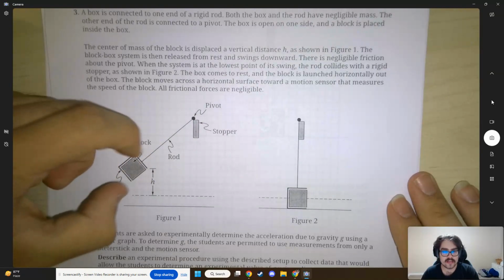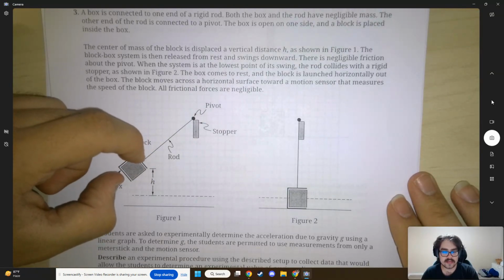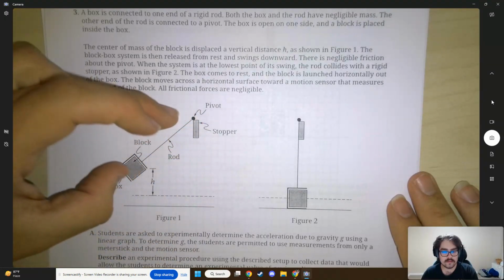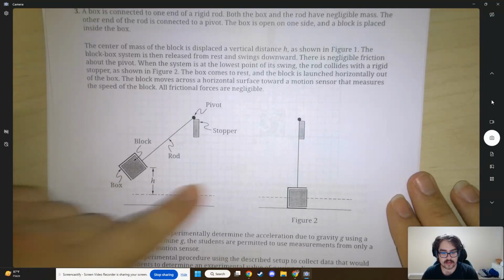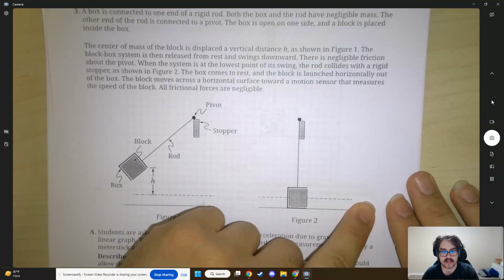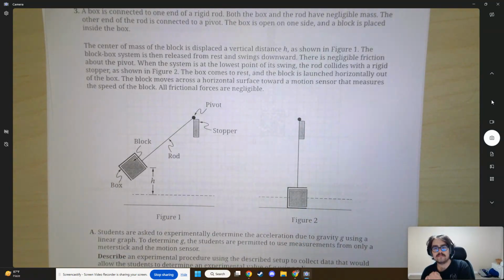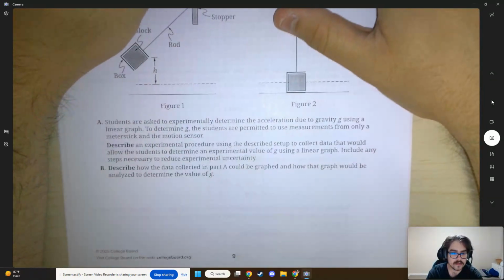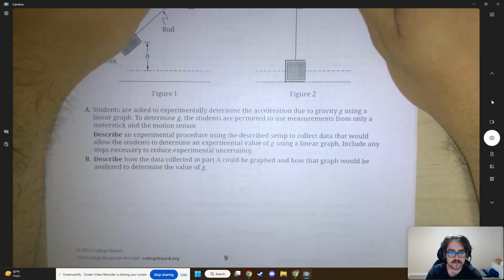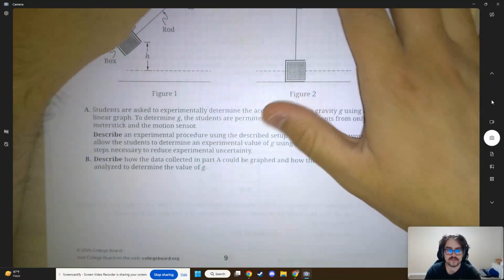It's a rigid rod, and then you let it go from some height. It hits the stopper, and the whole box rod system stops moving, and then the block can actually continue and slide out. And it keeps sliding out, and it slides on the surface, which has no friction, right, or negligible friction. Students are asked to experimentally determine the acceleration due to gravity g using a linear graph.